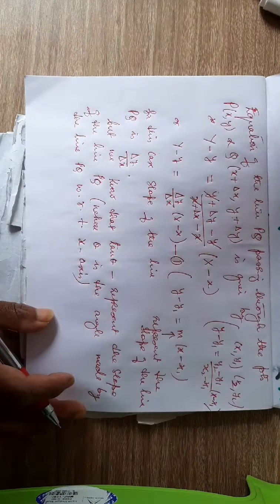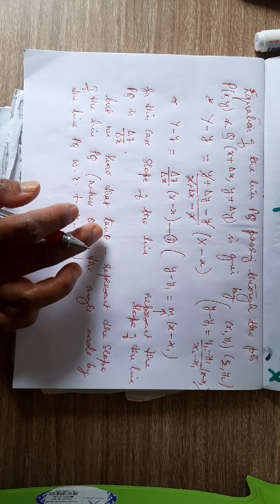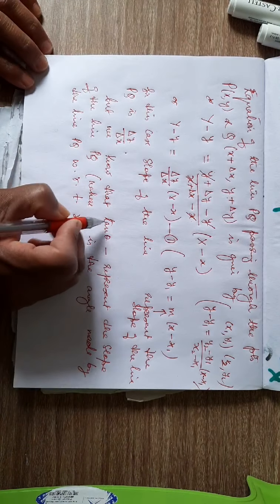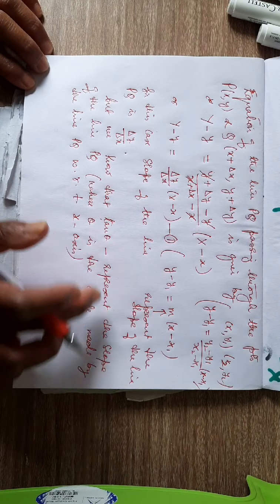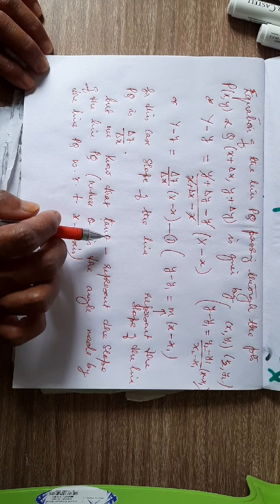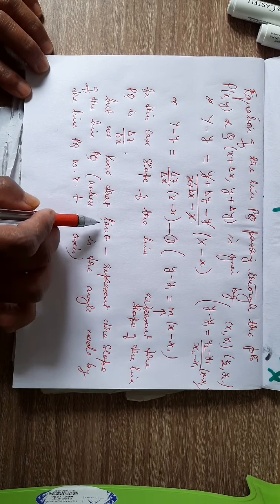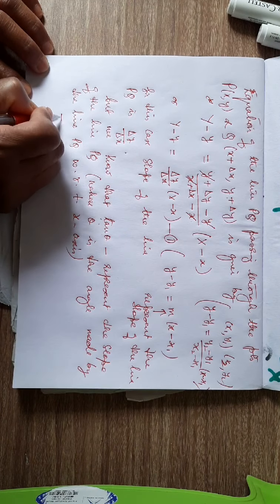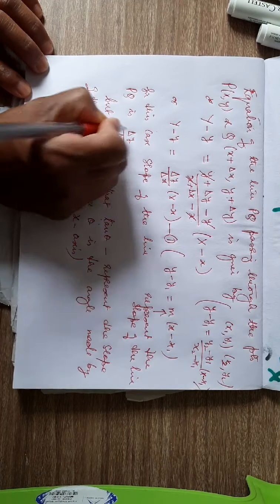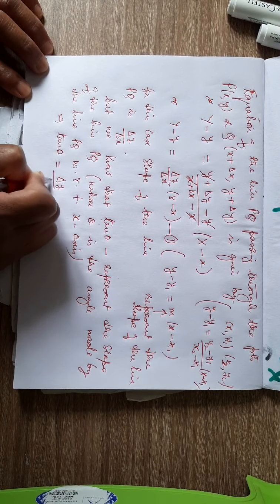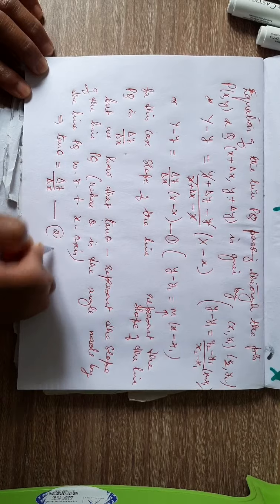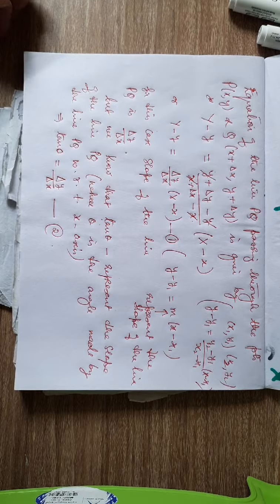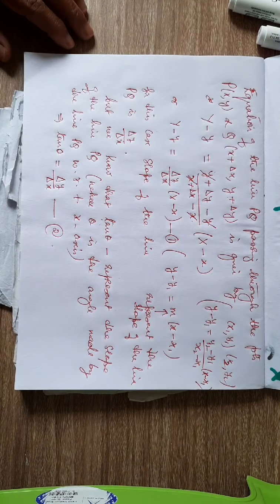Recall all these things from class 11 topics on the straight line. If a straight line makes an angle theta with respect to the x-axis, then tan theta represents the slope of that line. So here tan theta is the slope of this line PQ. In that case, tan theta is equal to delta y by delta x. Name this as equation 2, because both tan theta and delta y by delta x represent the slope of the same line PQ.